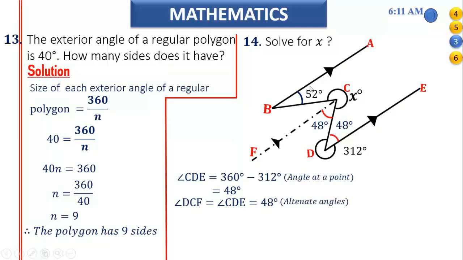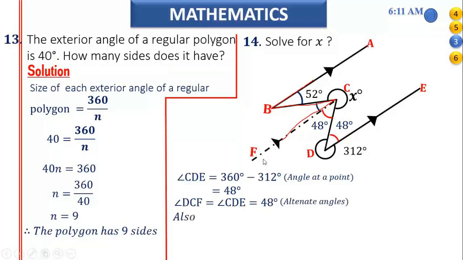Now let's take a look at our line again. If you look at it very well, you will see that there's another Z shape for alternate angles. That takes us to this angle here. You can see the angle there. So what can you say? There's a relationship between ABC and BCF.